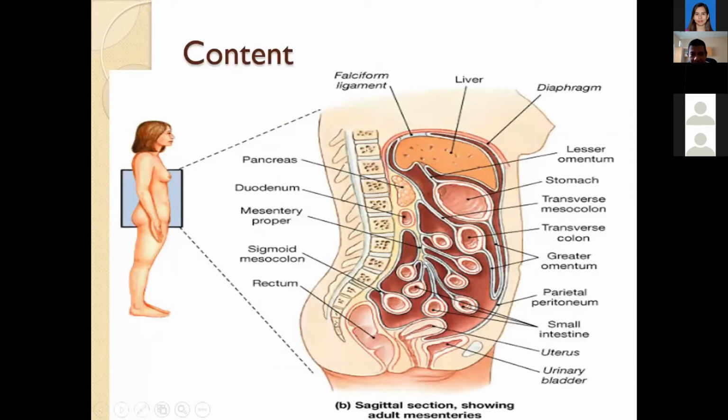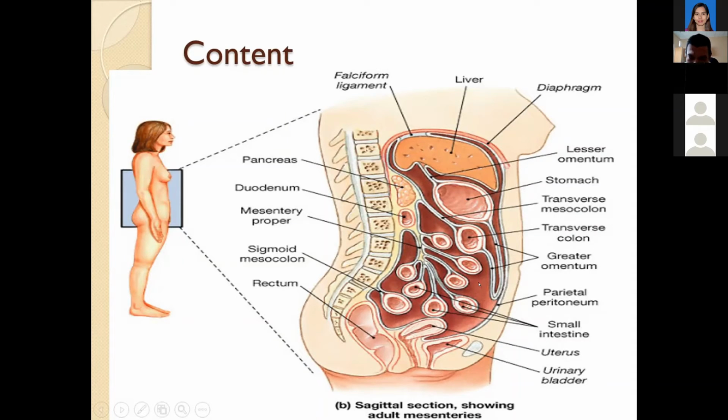So this is the content of the abdomen. In general, there are retroperitoneal organs and intraperitoneal organs. Clinically, it is very important to know which is the retroperitoneal component of the large bowel and which is the intraperitoneal component of the large bowel. It is very important to know the lesser sac. Where is the lesser sac?